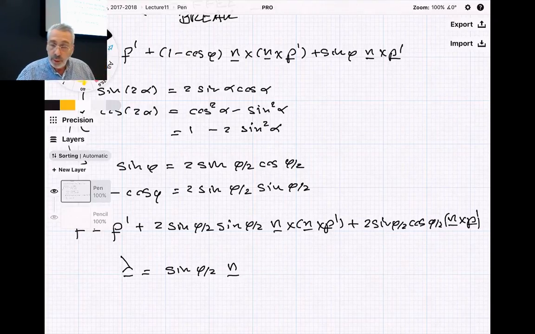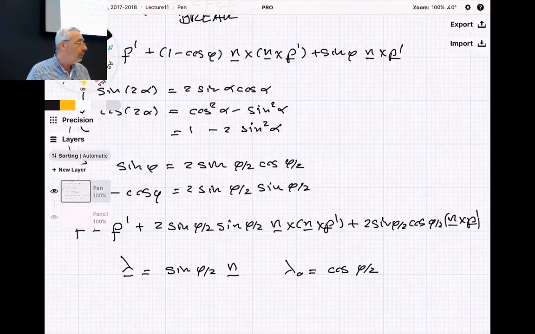But still we have one more thing which we have to enter, that's the cosine phi over 2. He says, well, I'm going to call that lambda 0. That's my cosine phi over 2. And with this new set of parameters, I now can rewrite this rotation matrix, right?